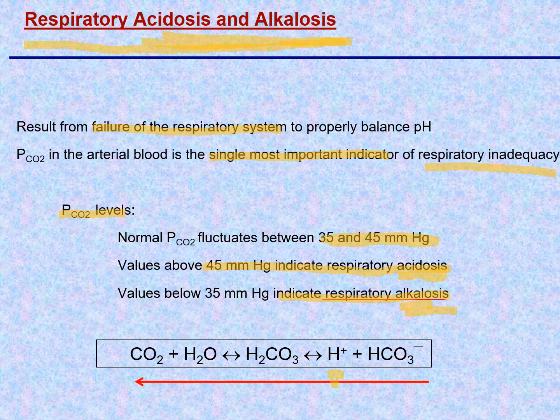So in the first case, it's pH lower, going down, and in the second case, respiratory alkalosis, pH rising. That's what's happening with abnormal levels of PCO2, and the PCO2 again is a major indicator of these respiratory imbalances.